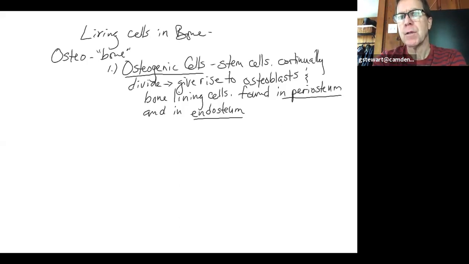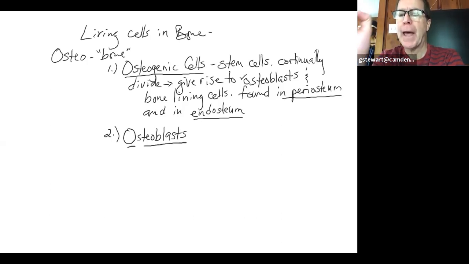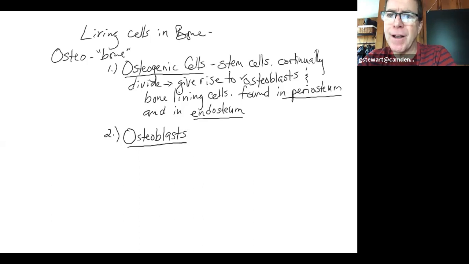Second bone cell type, osteoblasts. Since we mentioned that up here in osteogenic cells, I'll define that for you now. We know that the prefix osteo means bone. You know what blast means. It's an immature cell that secretes some sort of a non-living matrix or fiber. So osteoblast, let's define it.